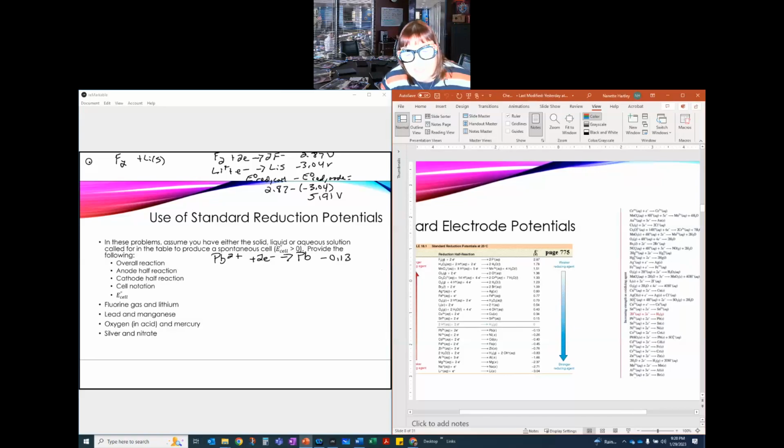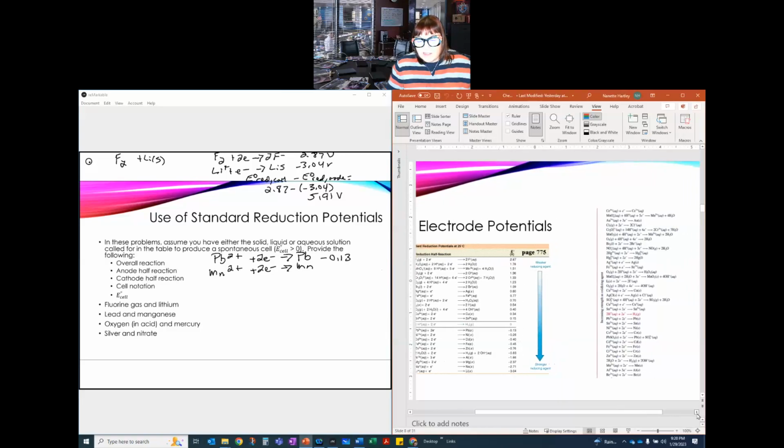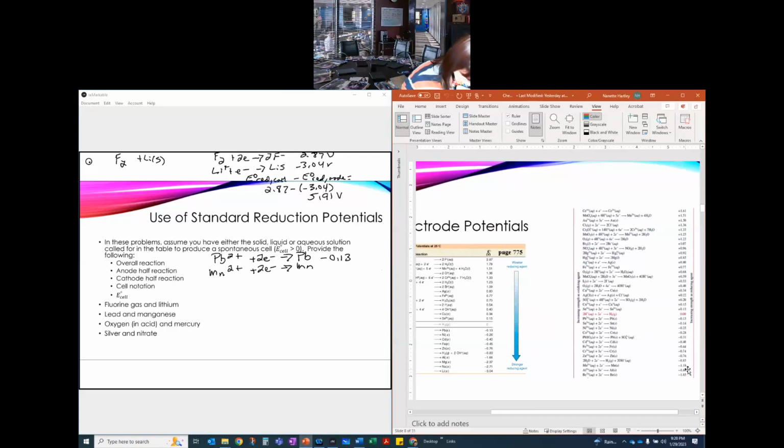And the other thing I was looking for is manganese, which is Mn. I see it over here. Mn2+ plus 2e minus to give me Mn. And of course, that value is here, so I find it, and that's negative 1.18.